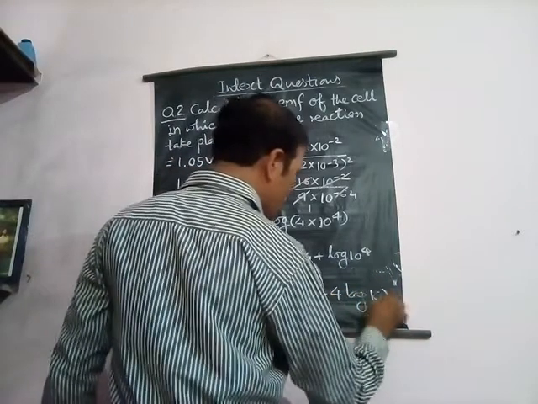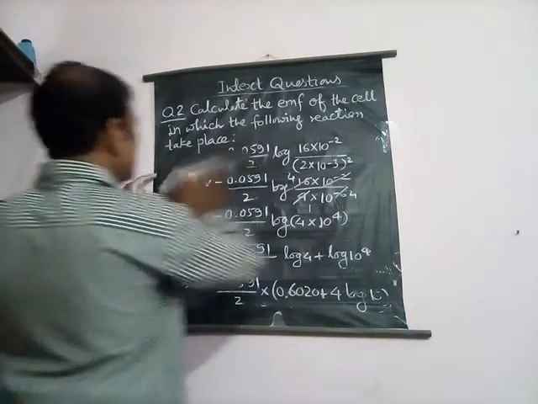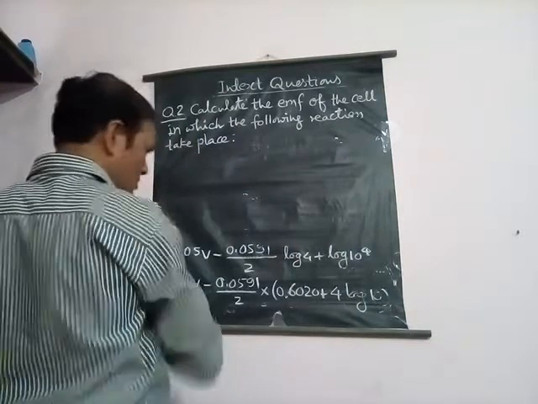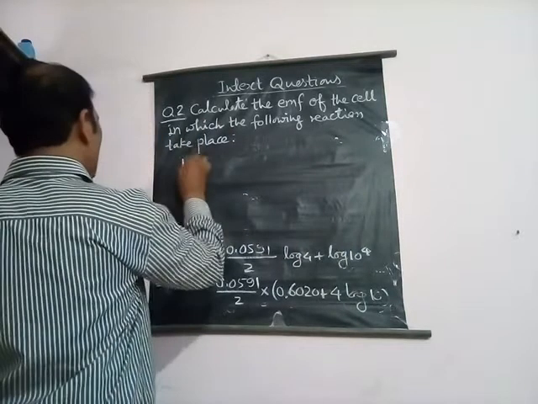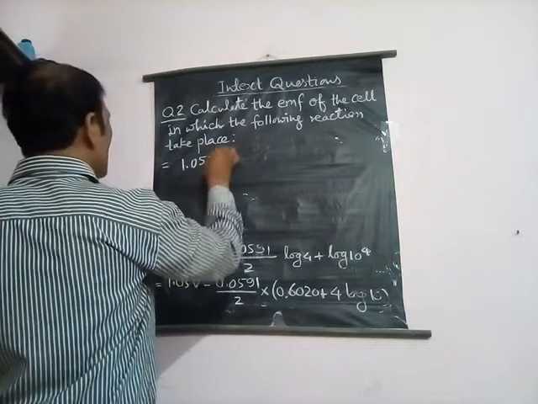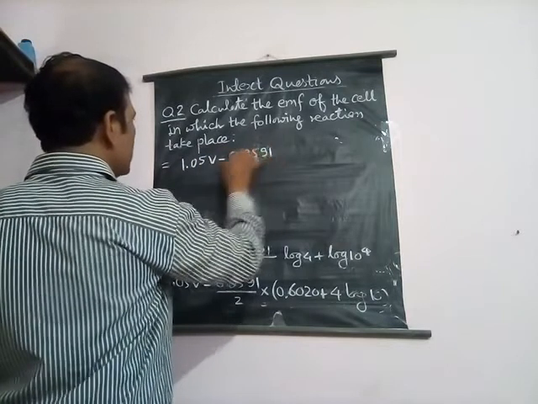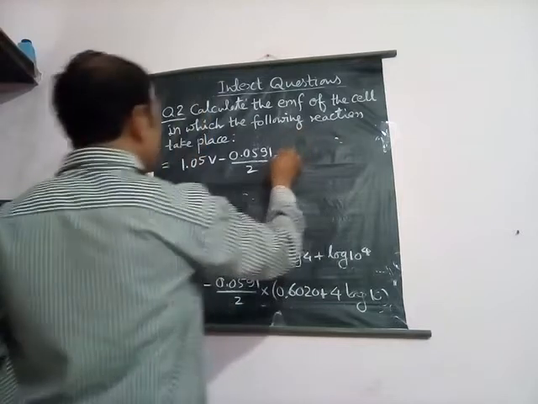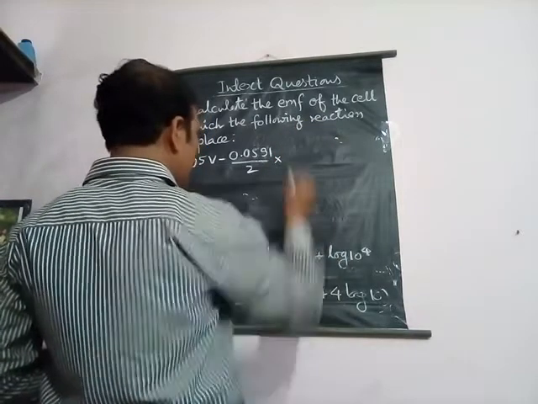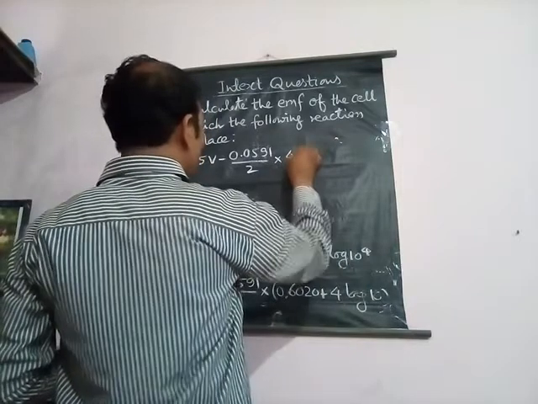Since the value of log 10 is equal to 1, we can further calculate it. So it will be 1.05 volt minus 0.0591 divided by 2, and this 4 will add with this quantity, since log 10 is equal to 1.